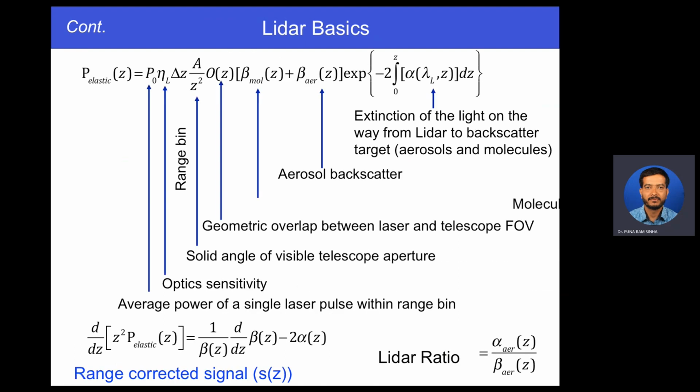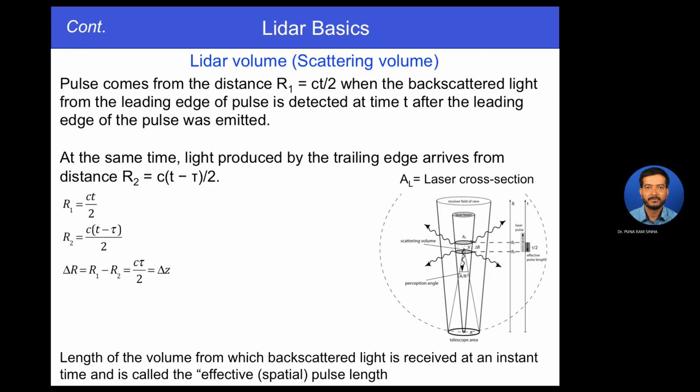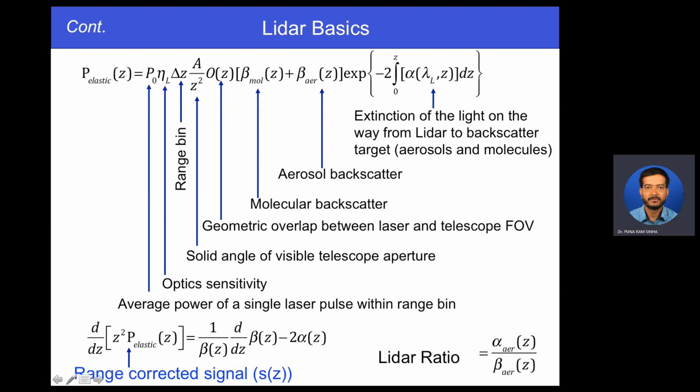So as you can see from here, we have the received power, then we have the average power of the signal within the range bin, then we have optical sensitivity, then the delta Z, which is the range bin, 1 over Z square, the field of view of our telescope, and then overlapping function, overlapping corrections.